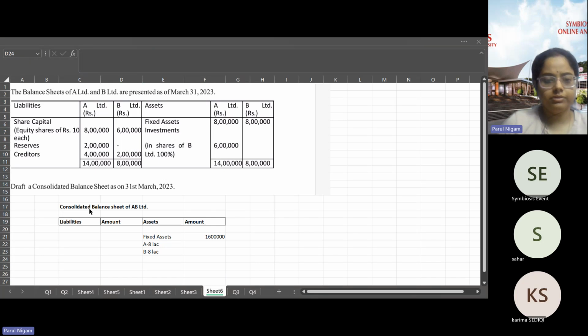Okay. Now we will write share capital, that is equity shares of rupees 10 each. That is going to be 8 lakh. Then your reserves is given as 2 lakh. And then your creditors again 6 lakh.